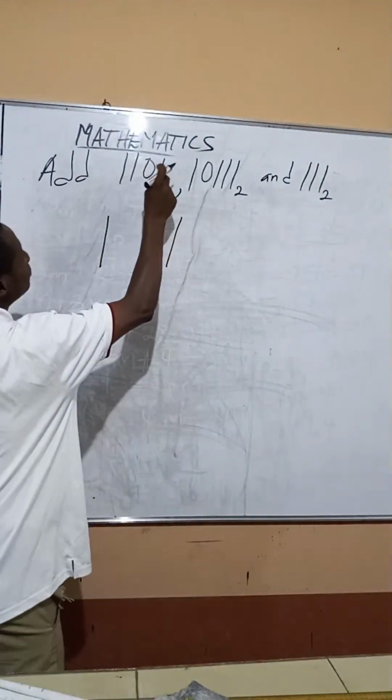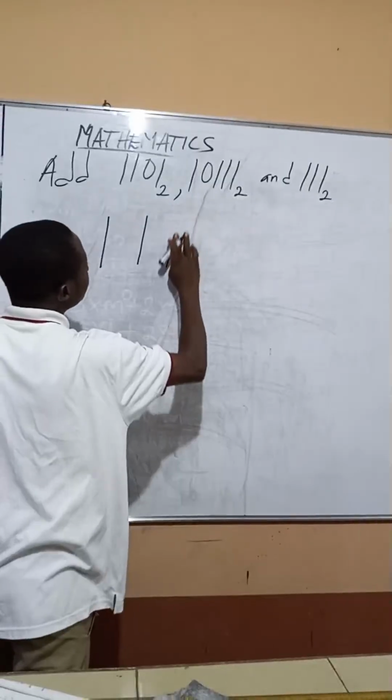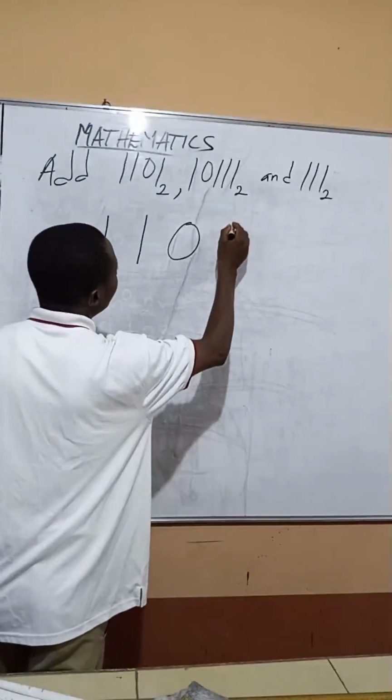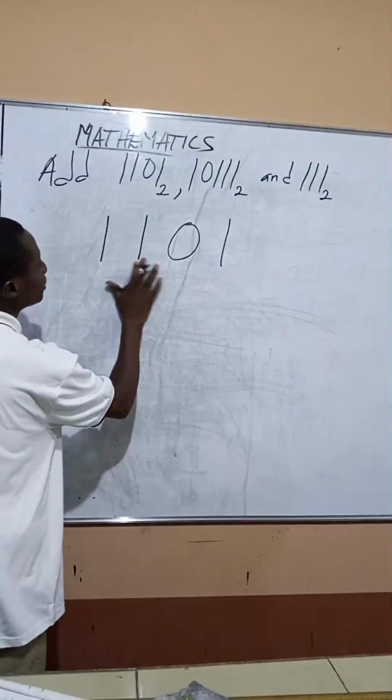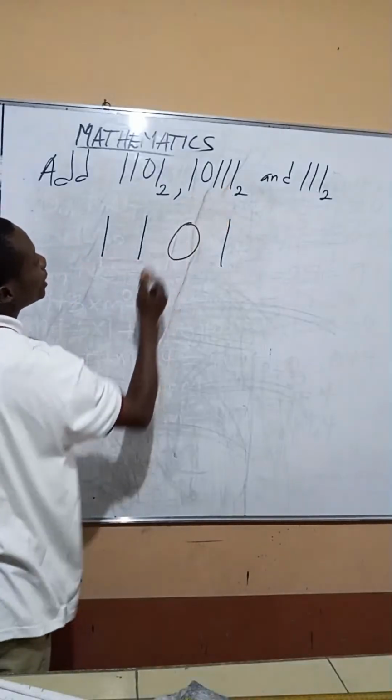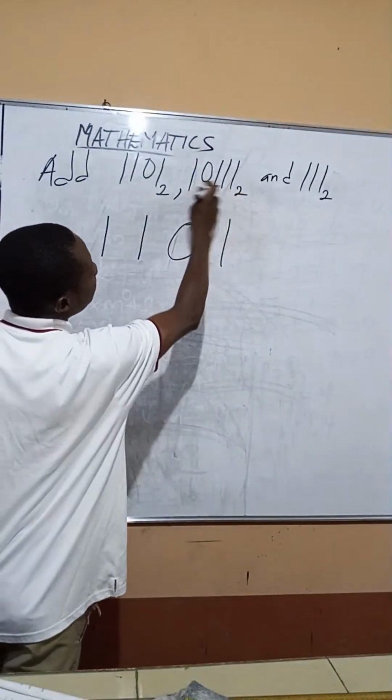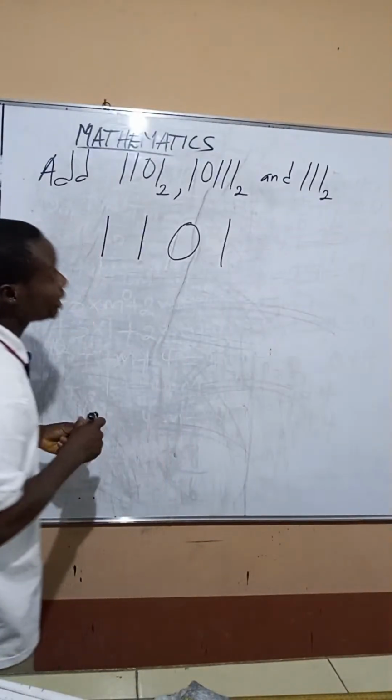This is 1, 2, 3, 4. So let me put 0 here and put 1 here. Then for the second one, remember, this is the biggest one. We may even decide to start with the biggest one.